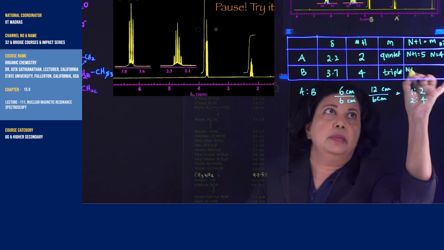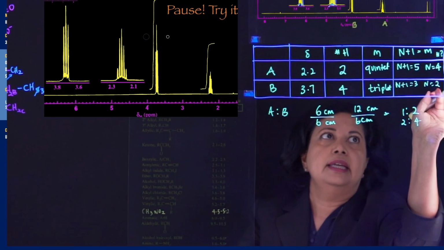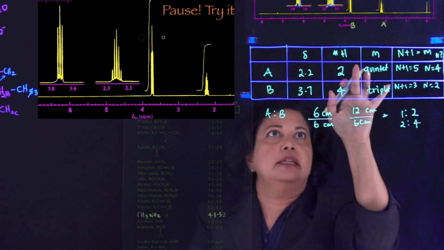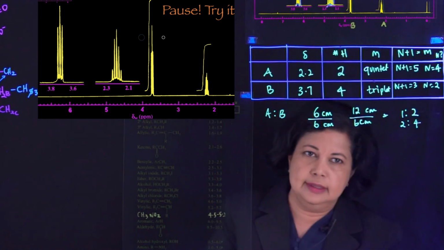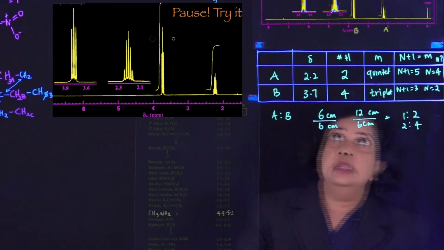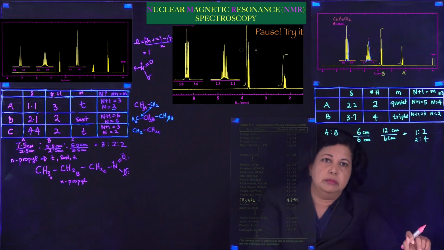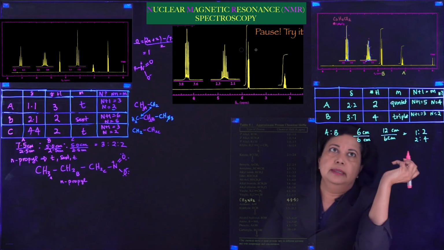So here N plus 1 is 3, N is then going to be 2. So this guy has 2 neighbors and this guy has 4 neighbors, and that makes sense. So these are the neighbors for this and these are the neighbors for this. That much we can get from our spectra. Now the rest is up to us where we want to put these 2 chlorines so they give you a very symmetric structure. Okay, so we can explore some.